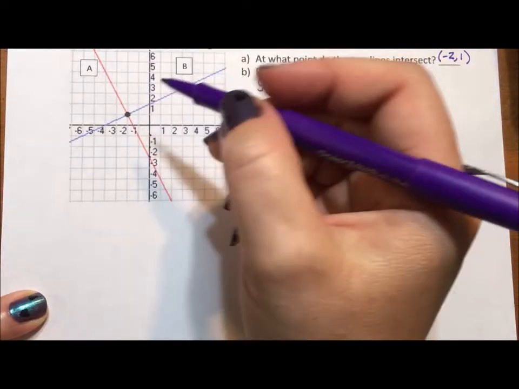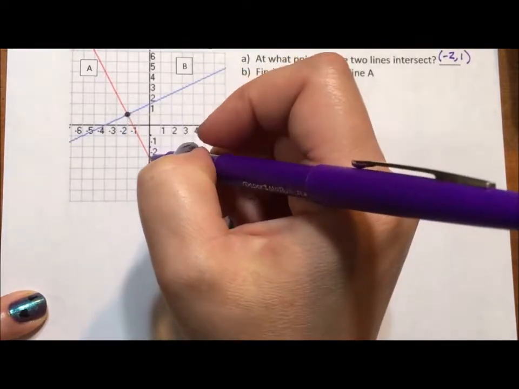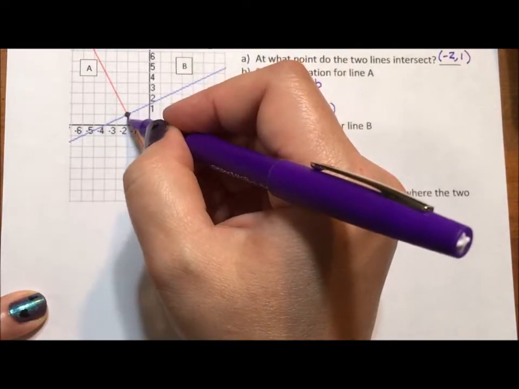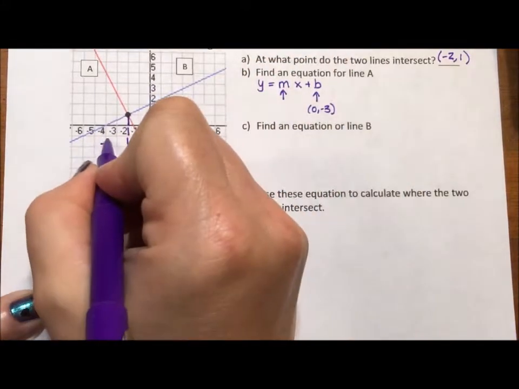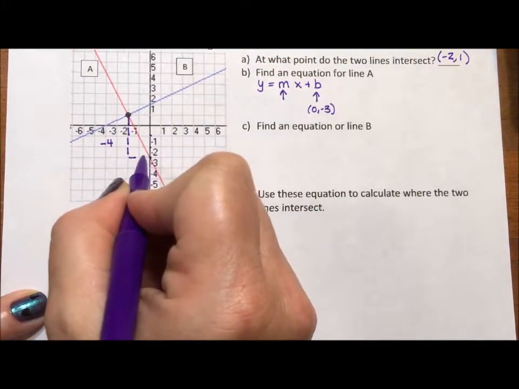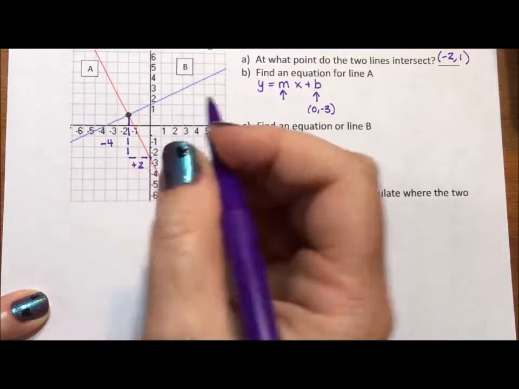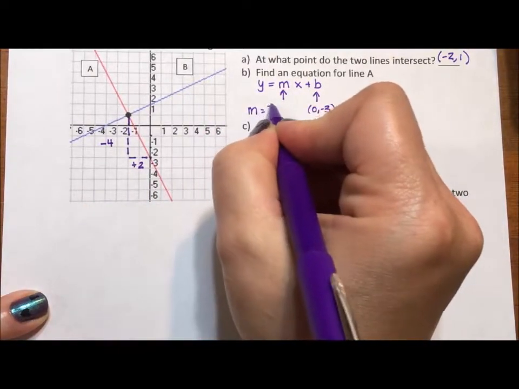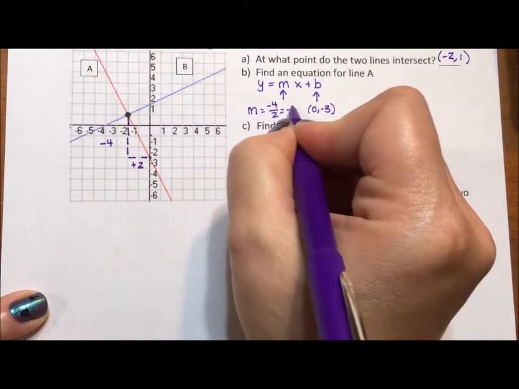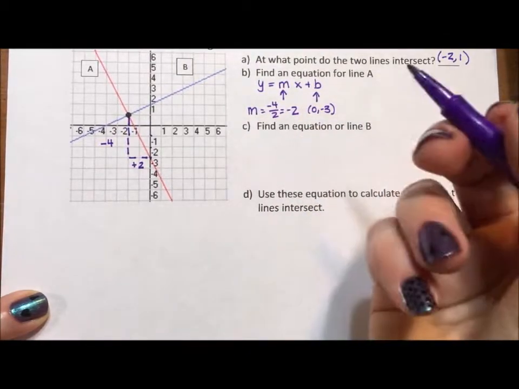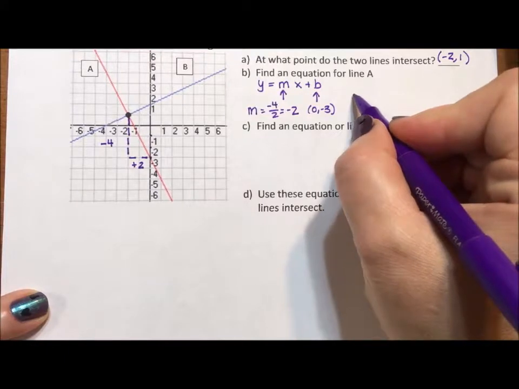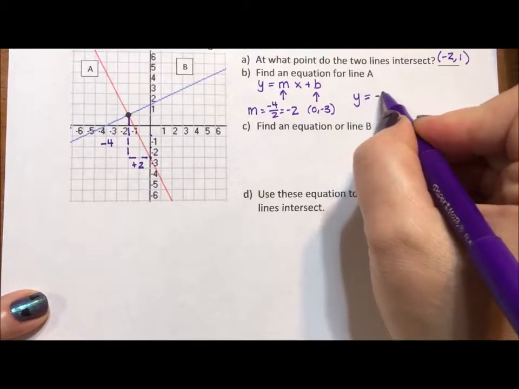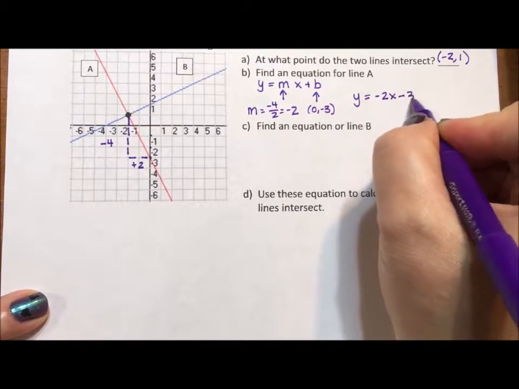And the slope, well, to get from here to here, we go 1, 2, 3, 4. We went down 4. We go +2. So the slope is -4/2, which I'll rewrite as -2 because we always reduce. And in this case, it reduces to an integer. So the equation for line A is y = -2x - 3.